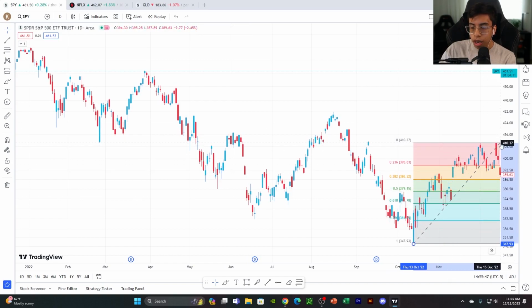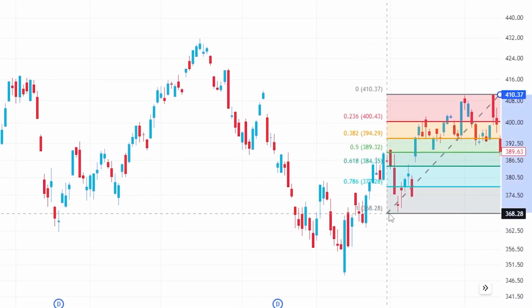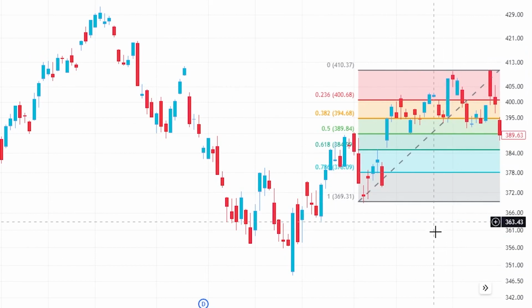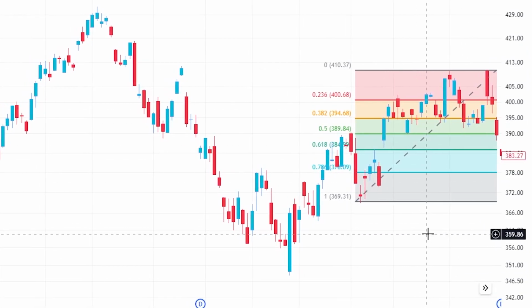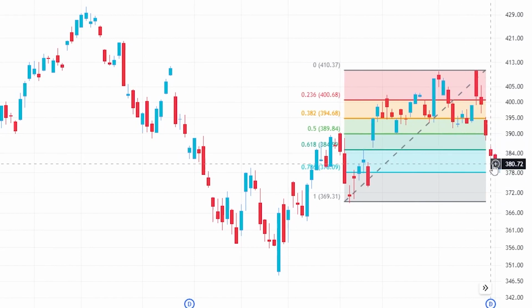Now, the reason why I don't put the line up to here, I do tend to do this, but the problem is that a lot of the times the range is too short. If the range breaks below that 0.61 level, that shows the price is not respecting this range.